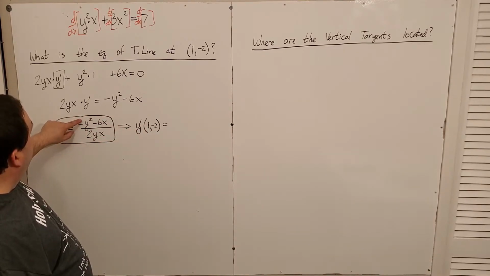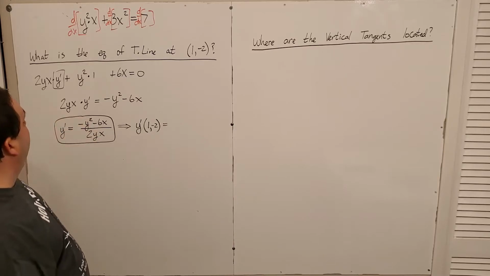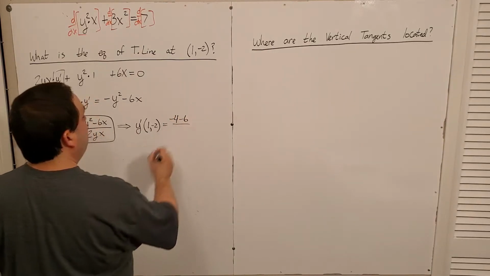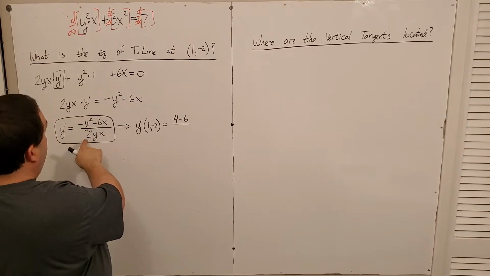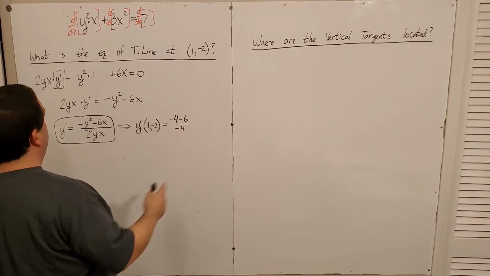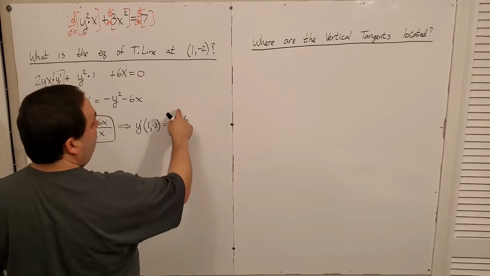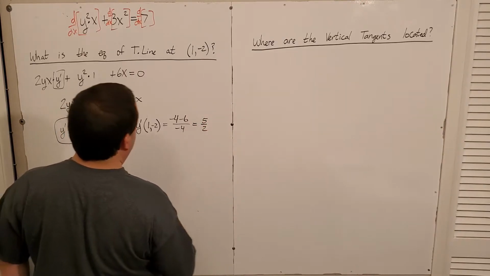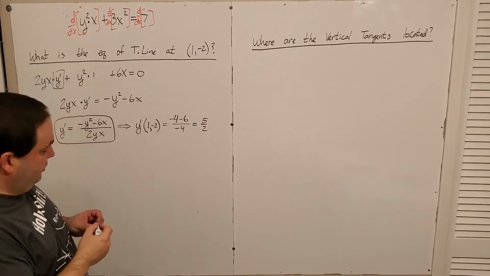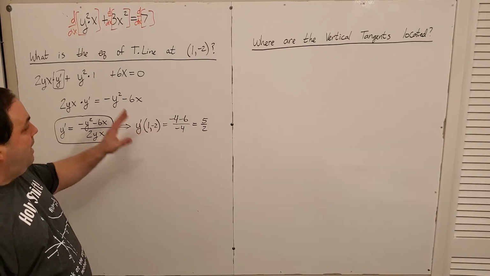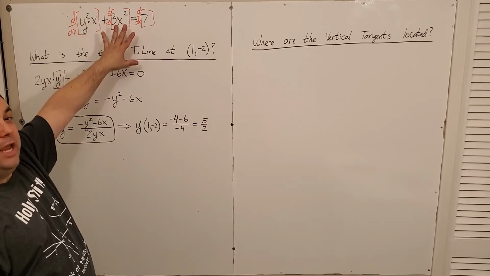So I'm plugging in the -2 for y and the 1 for x. So I'm getting negative 4 minus 6 in the top, and in the bottom I'm getting negative 4. So all the negatives are going to eliminate, and I've got 10 over 4, which is 5 over 2. Remember, what we've just found is a derivative value at a point on a shape.